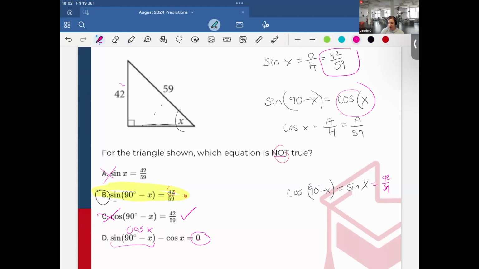And if I wanted to define what this is, a squared plus b squared equals c squared, so 42 squared plus b squared is equal to c squared. Sorry, let me write neater. D. So this would be 42 squared plus b squared is equal to 59 squared. Then I could solve on my calculator.